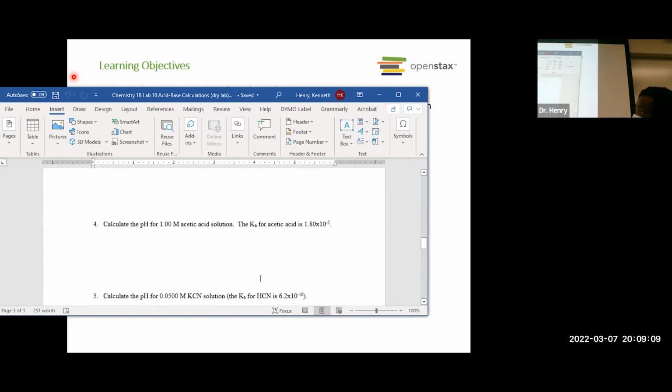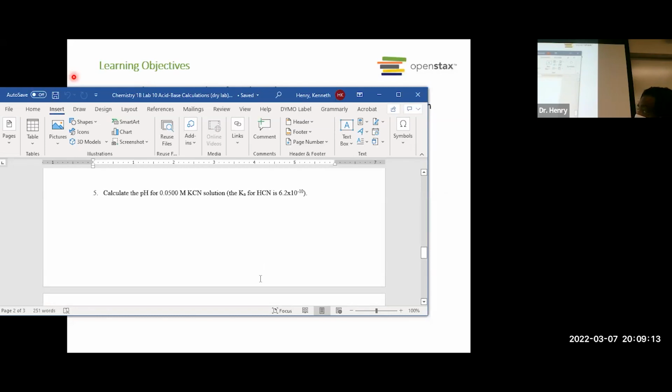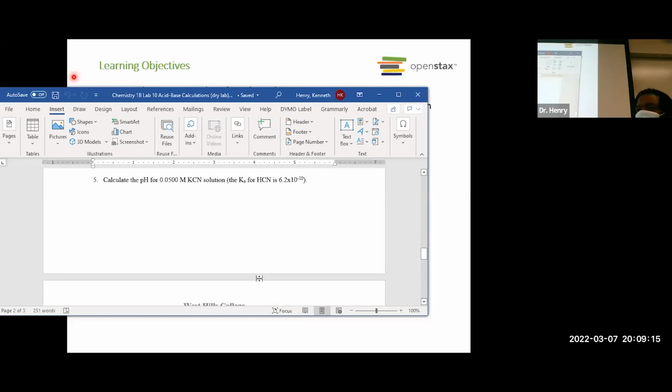So let's do this one. Okay, so this one is kind of a sneaky one, right? If we think about the acid, this is our acid, and we think about the acid dissociation, it's HCN plus H2O.